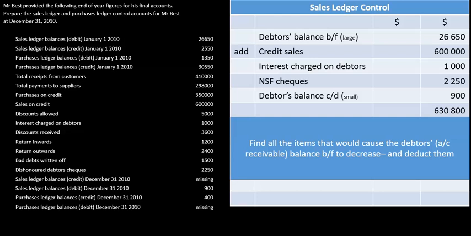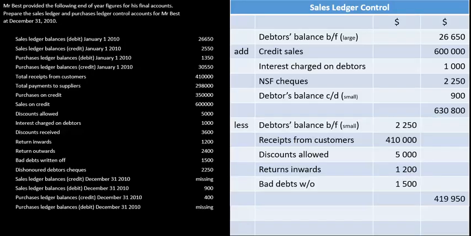Of course, we know there's another item, I don't say it here, but that other item is called a contra entry or a set off, where between the debtor and the supplier, maybe they trade with each other and agree to cancel out a debt. But it's not in this question, so only the ones that we just identified are the ones we're going to include in our answer.